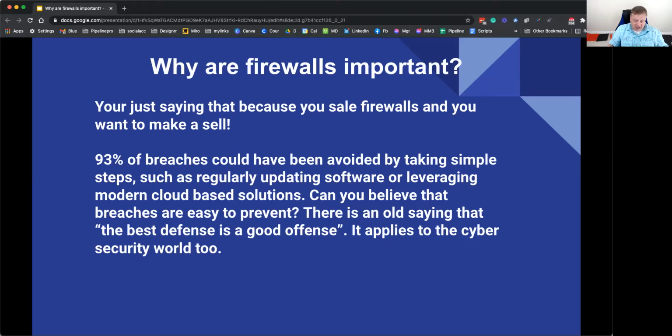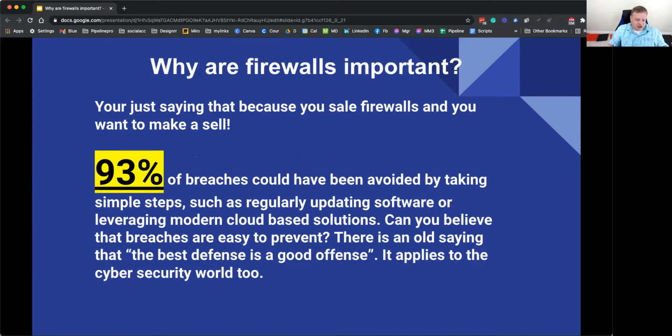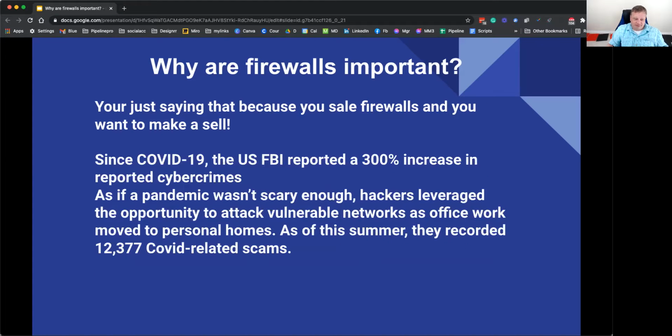That is amazing, that 93% of all the breaches could have been avoided. Let's talk about that again. 93%, people. 93%. So you could have avoided your hack by just updating your system and having the correct tools in place. That's sad that 93% of them could have been stopped.